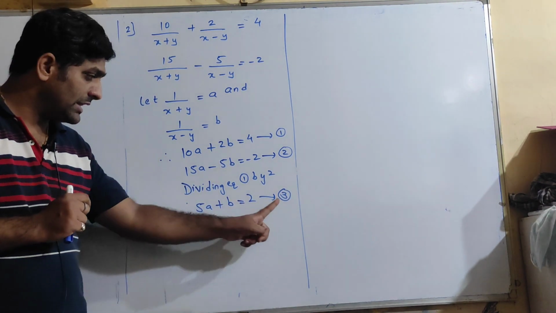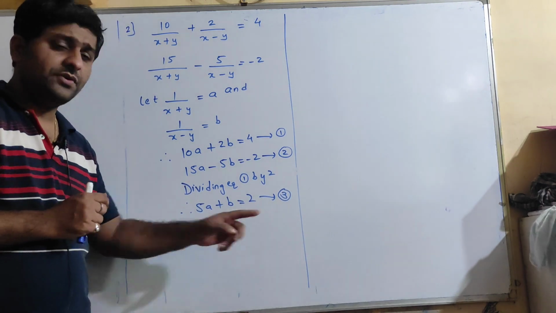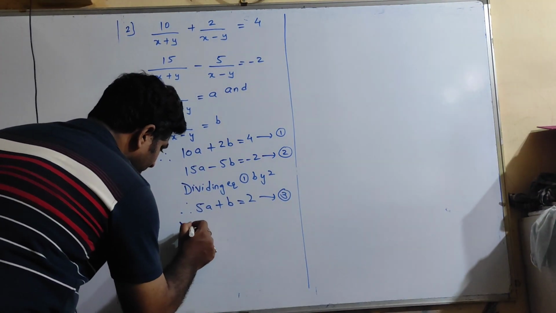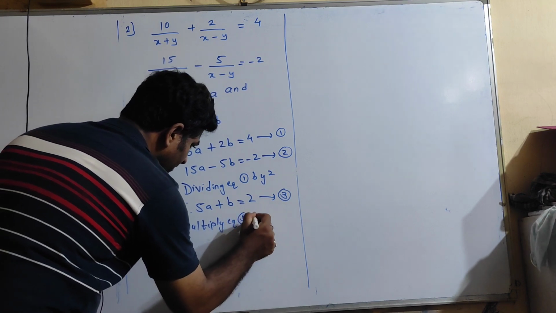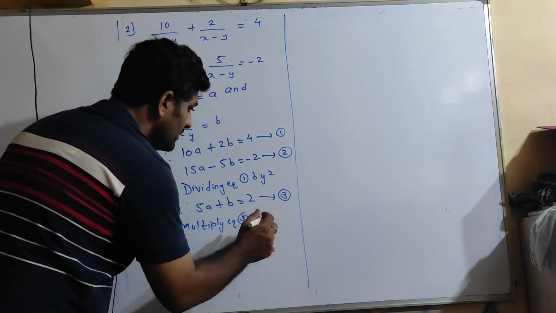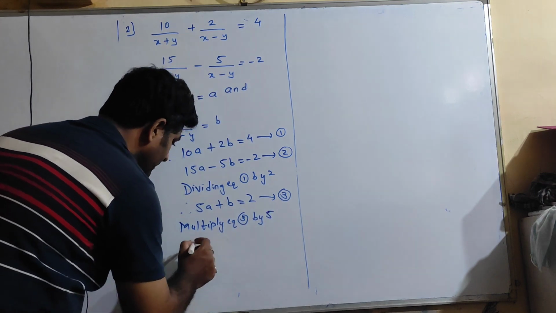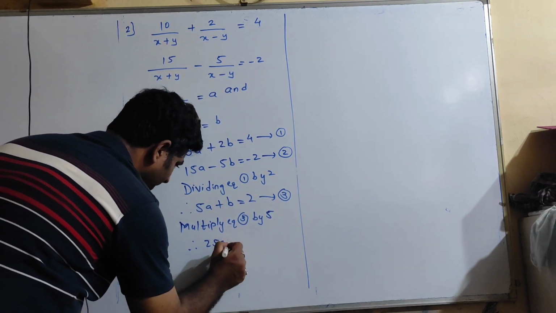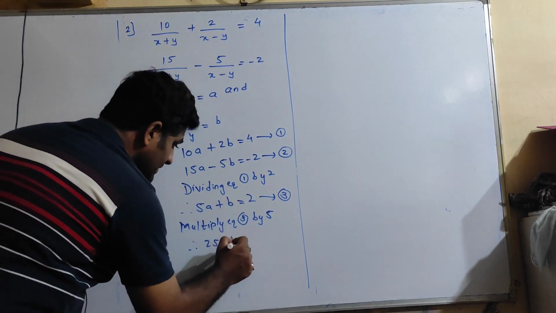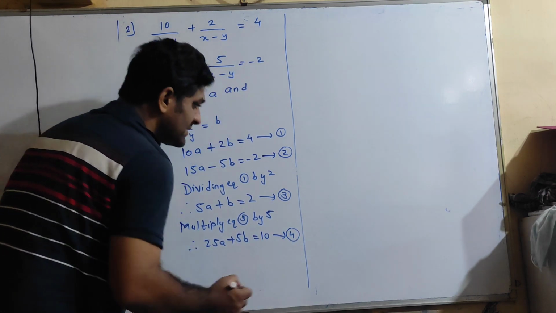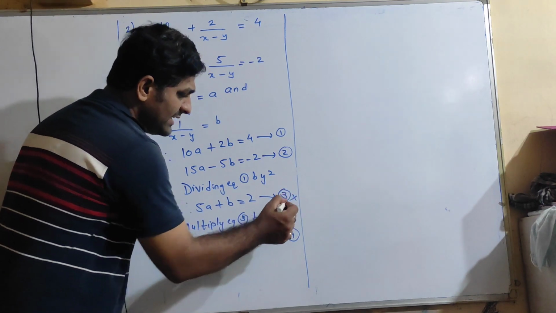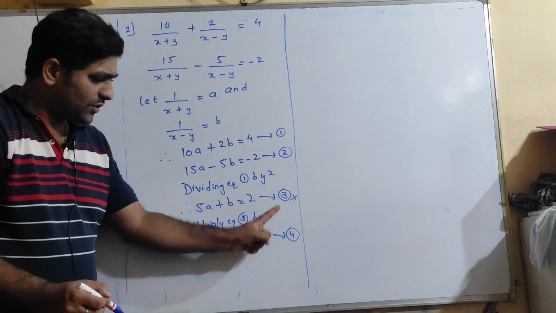So what I will do, multiply equation 3 by 5. We have 25a plus 5b, and that is equal to 10. Let's say this as 4. Now I am cancelling this for a moment.